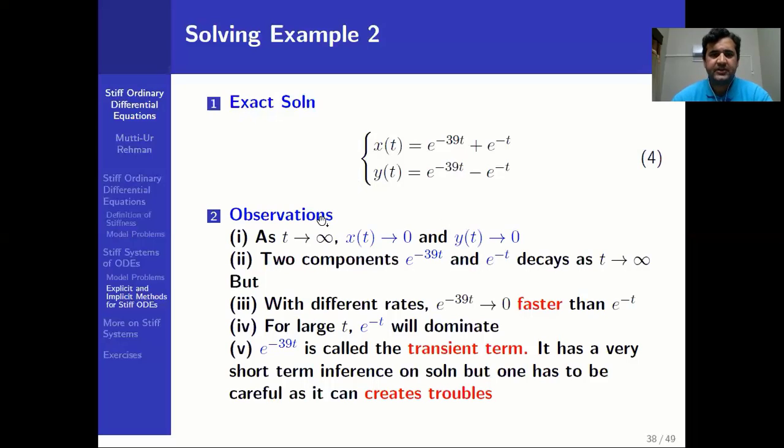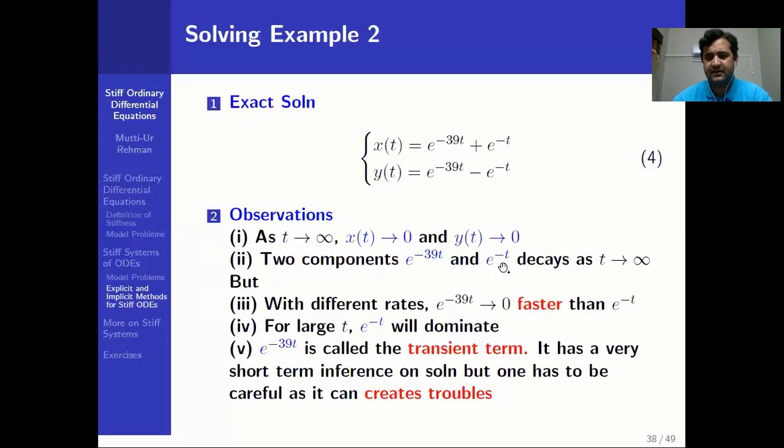Okay, and then you can have these observations for both solutions, let's say x and y. Of course they will have this asymptotic behavior for large time. So at a large time you will have this asymptotic behavior, and these two guys, this guy and this guy, of course they will decay.